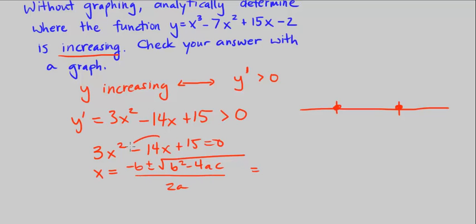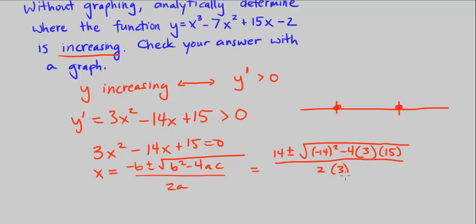That's equal to negative of negative 14, so 14, plus or minus the square root of negative 14 squared minus 4 times a, which is 3, times c, which is 15. Let me write that a little neater. All over 2 times a, which is 3.